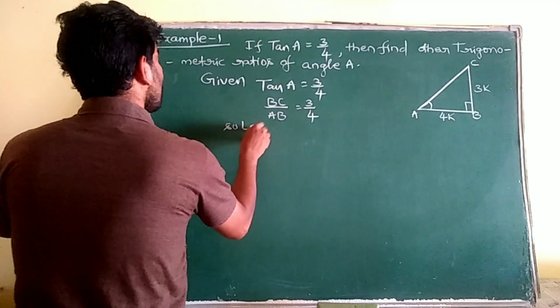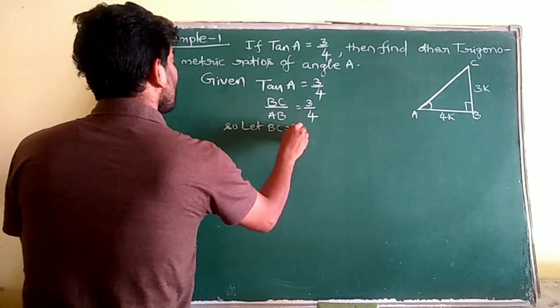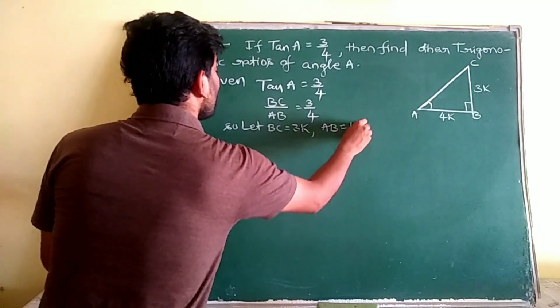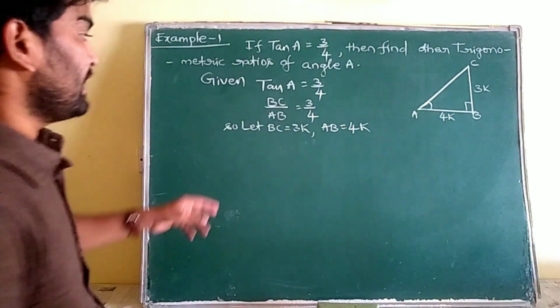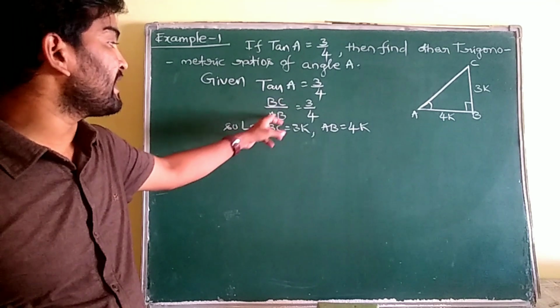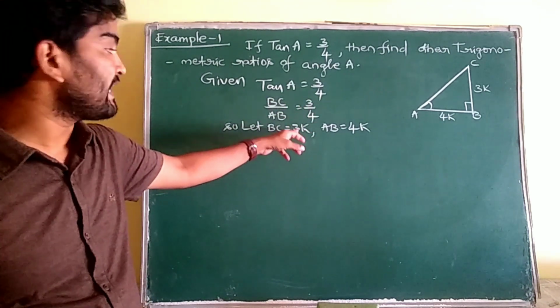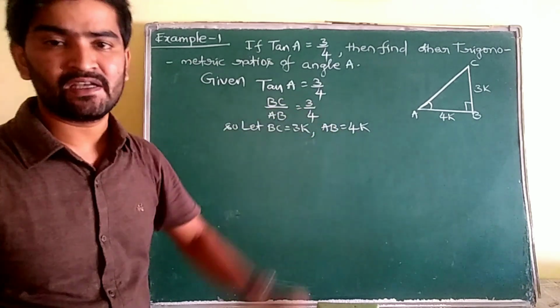So let BC is equal to 3K, AB is equal to 4K. As the ratio BC by AB is equal to 3 by 4, BC is going to be assumed as 3K and AB as 4K.